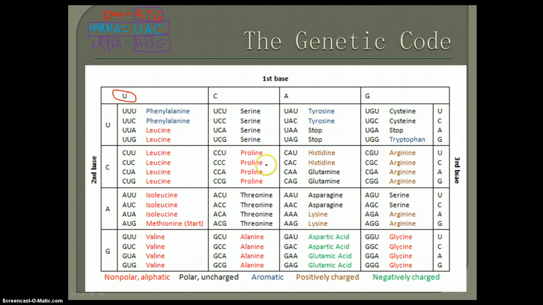So let's talk about how you read this. Wow, this table is incorrect. Okay, so you read this table by starting with this column right here. So if you're doing AUG, you would go A, and you would know that your answer is somewhere in this row right here, because you start on the left.